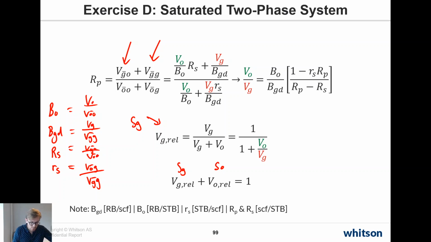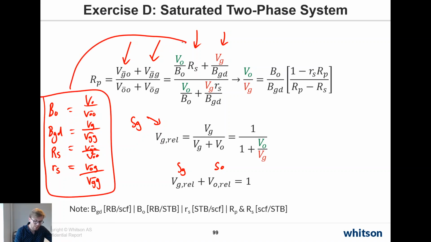In a three-step approach, there are several ways to do this, but one way is: we know producing GOR, so let's define a property for that and provide the definition, and then we plug the different PVT related properties into this equation. We take all these terms and see where they fit into this equation. Because what is a saturation?